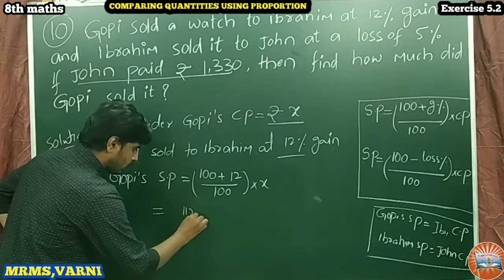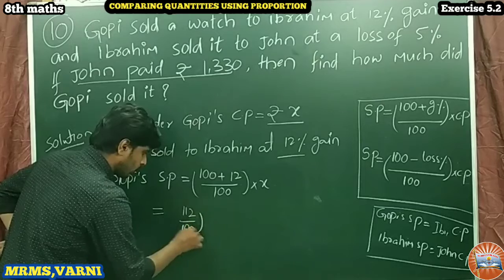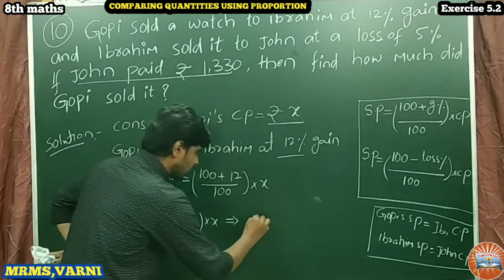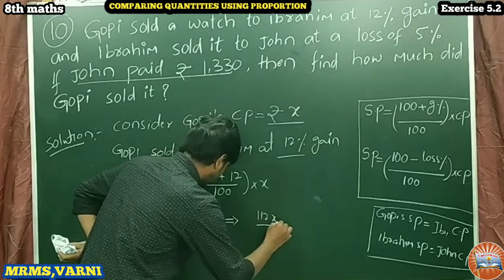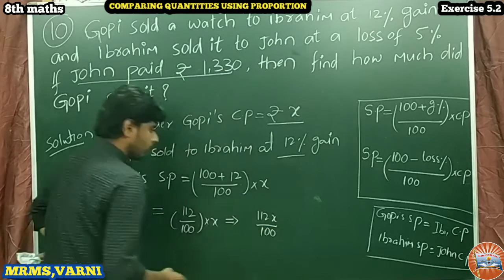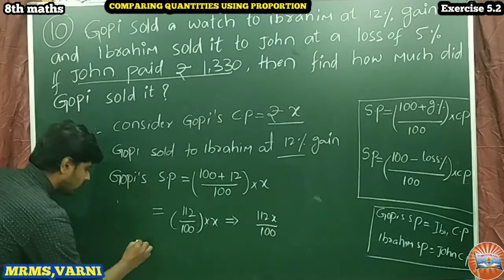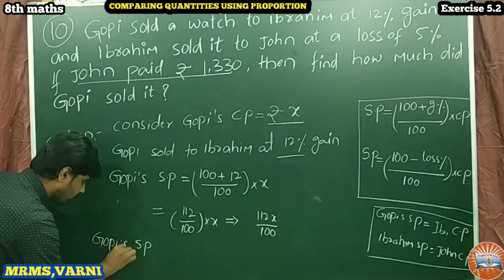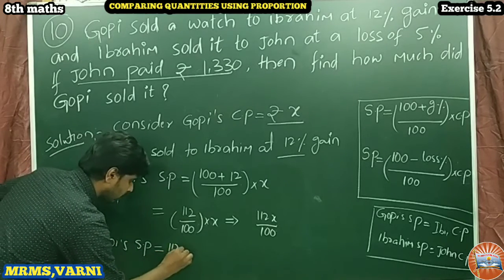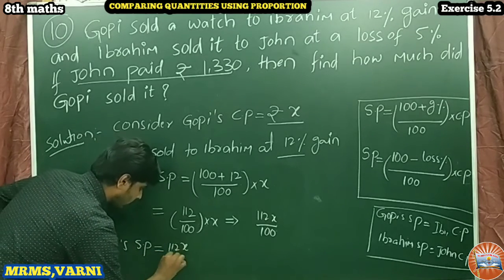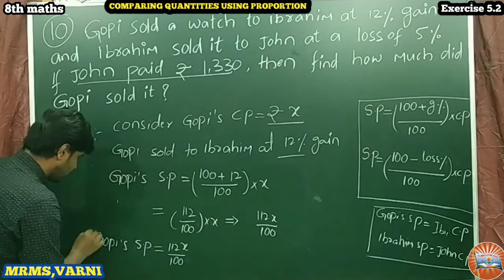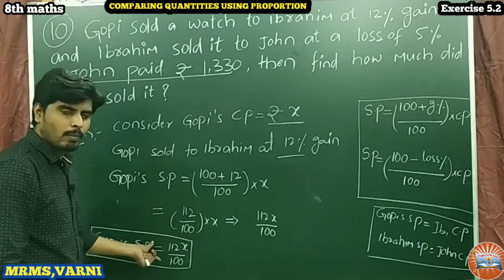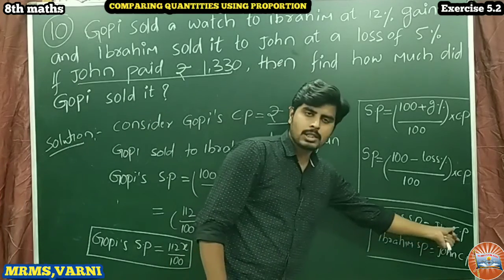So 112 by 100 into X, that becomes 112x by 100. This is Gopi's SP. Remember this thing. This is nothing but Ibrahim's CP.